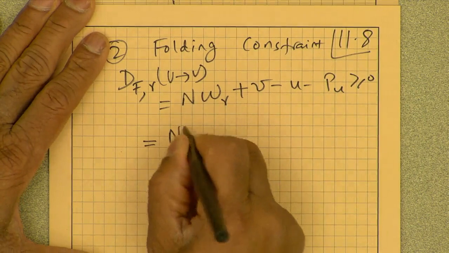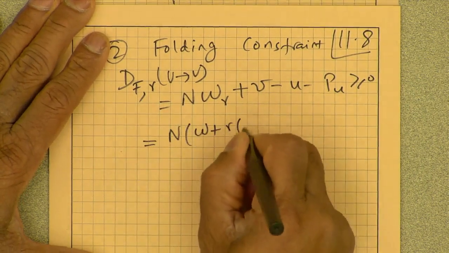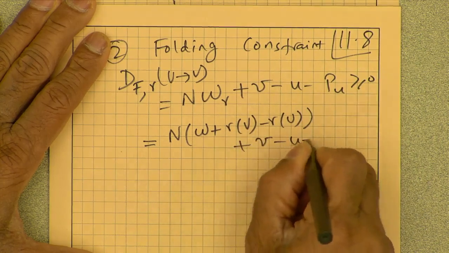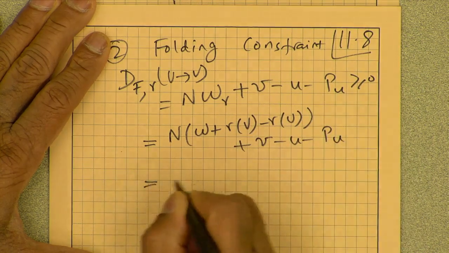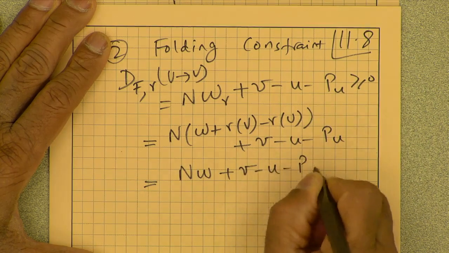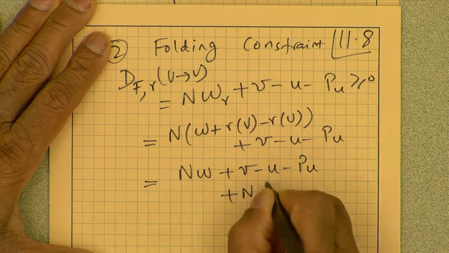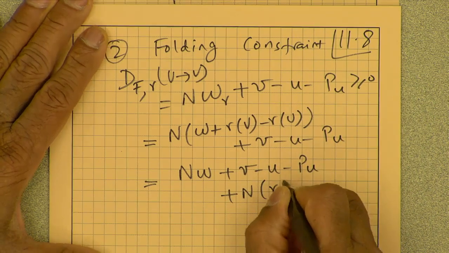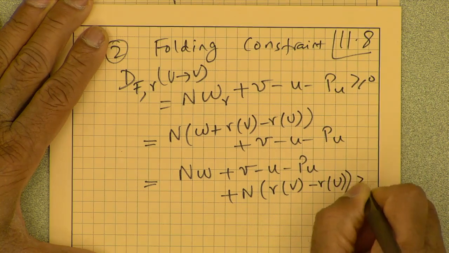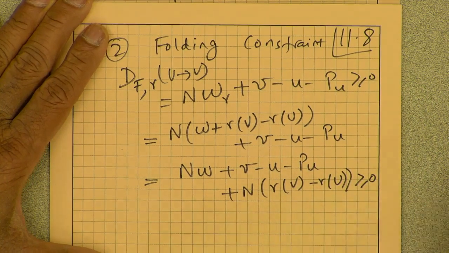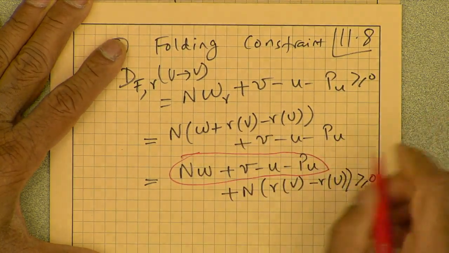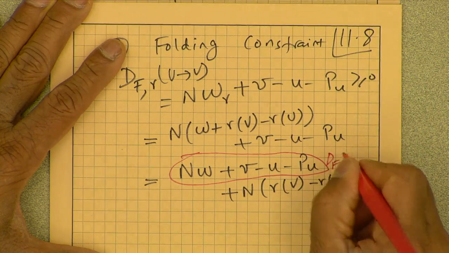And that can be written as N times W plus RV minus RU plus V minus U minus PU, and that is then NW plus V minus U minus PU plus N times (RV minus RU) greater than or equal to 0. Now this quantity here is nothing but the original folded delays DF.